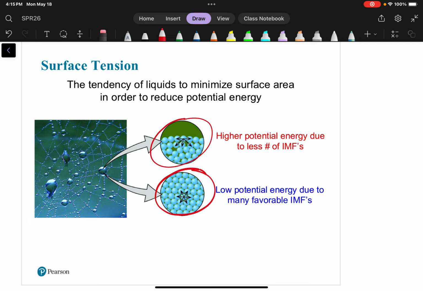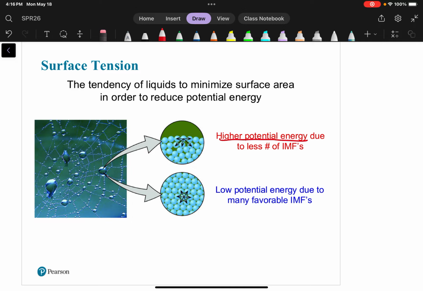If you have fewer intermolecular interactions, because there's no extra layer up here of water molecules, that creates a higher energy state. The reason for that is that you don't have all of these nice stabilizing intermolecular forces that are favorable to stabilize the surface of the liquid.